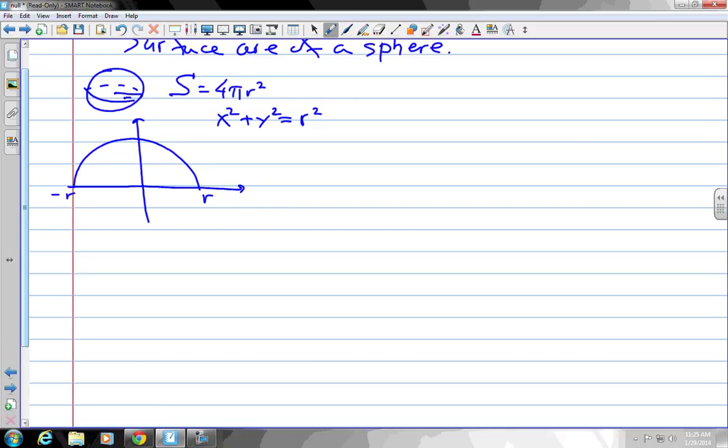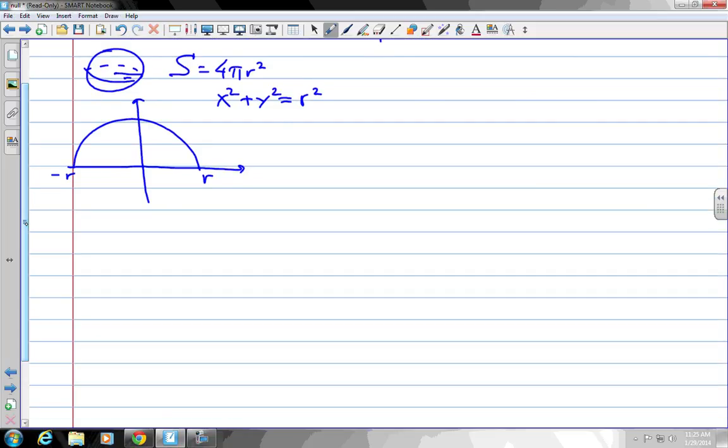We'll generate a sphere, and then we can talk about the surface area of that. So the function here would be y equals plus or minus the square root of r squared minus x squared. And since we agreed on the top semicircle, we're just going to take a plus.